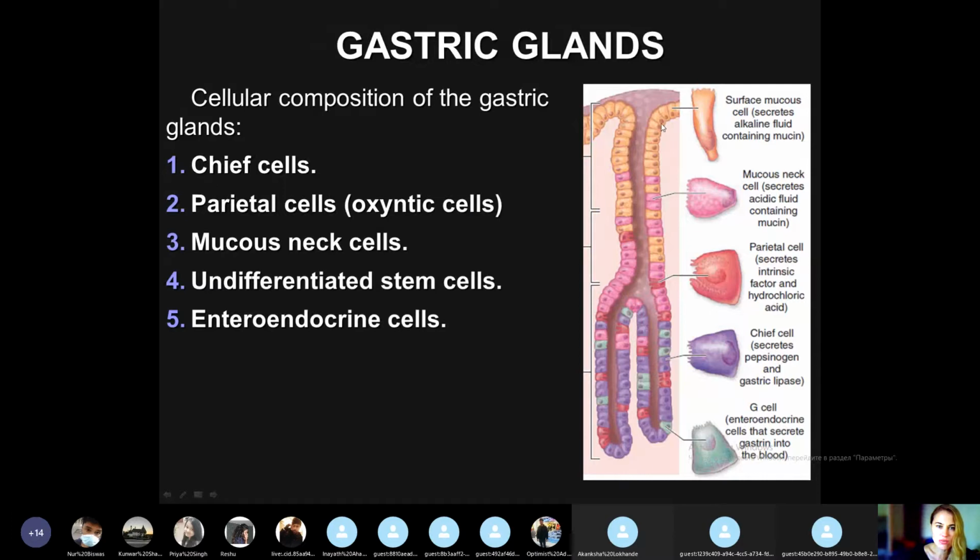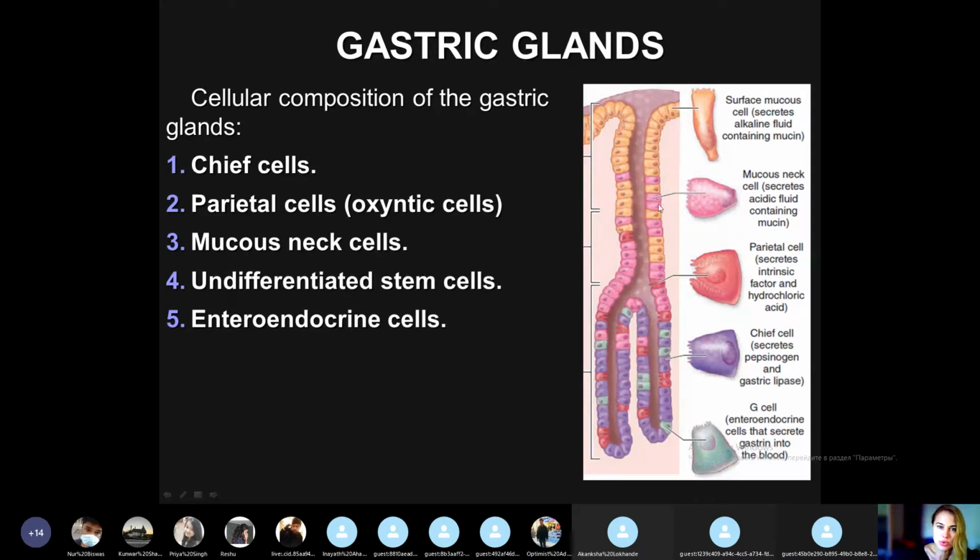We differentiate five types of cells. The chief cells, over here we can see these cells in the base of the gland with the basophilic cytoplasm. Parietal cells are also found in the base of the gland, but in contrast to the chief cells that form groups of cells, the parietal cells are isolated, so they do not form clusters.